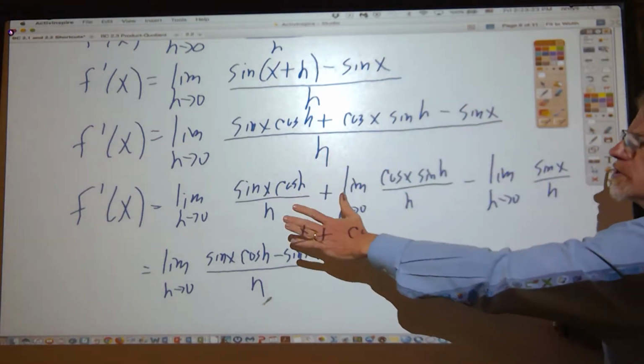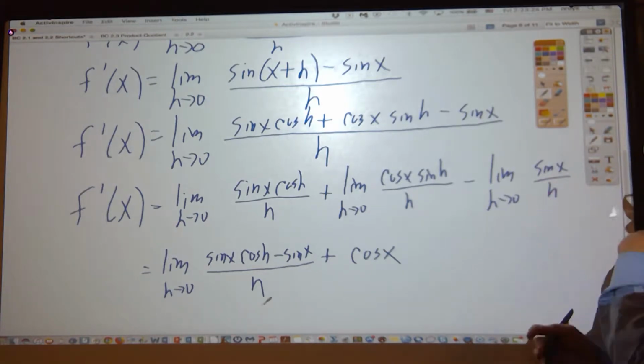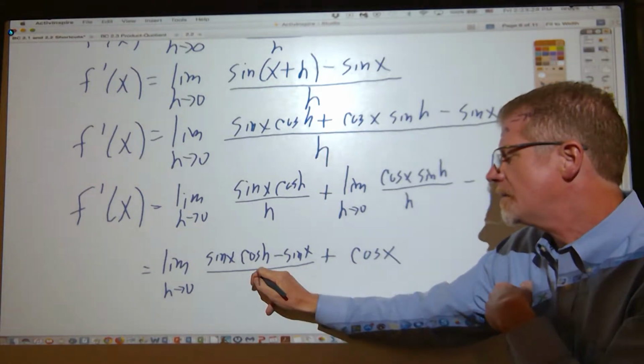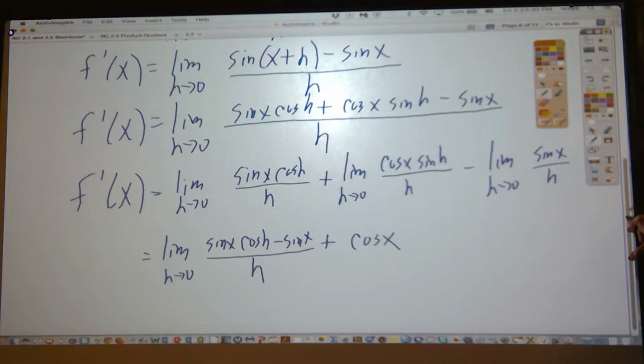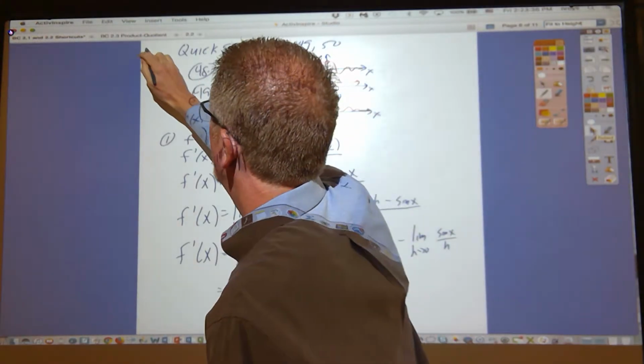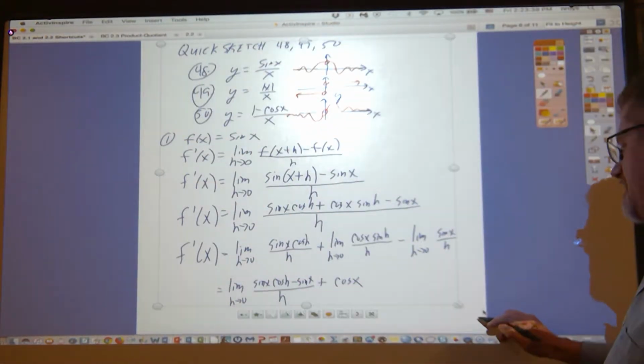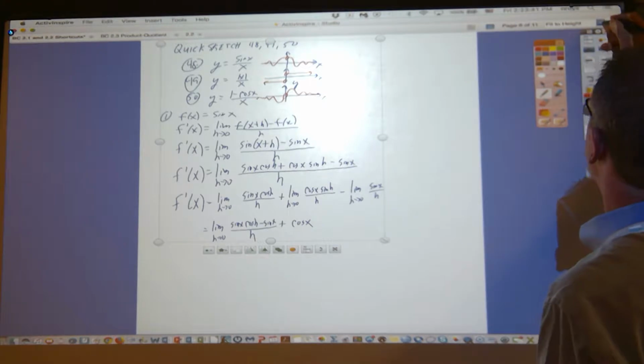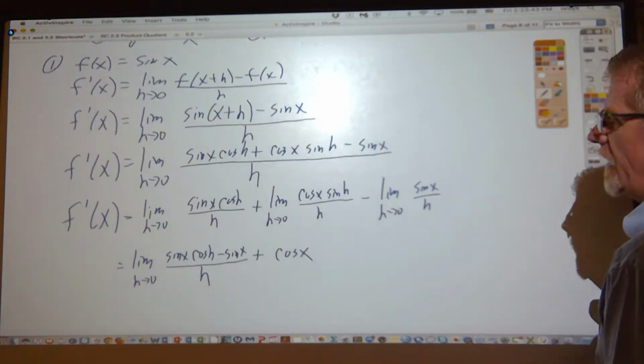I'm combining them over the common denominator so that we can make the following observation. I notice that I'm out of space here. Hopefully you're writing smaller than I am. Let me just condense this a bit, and we're back.